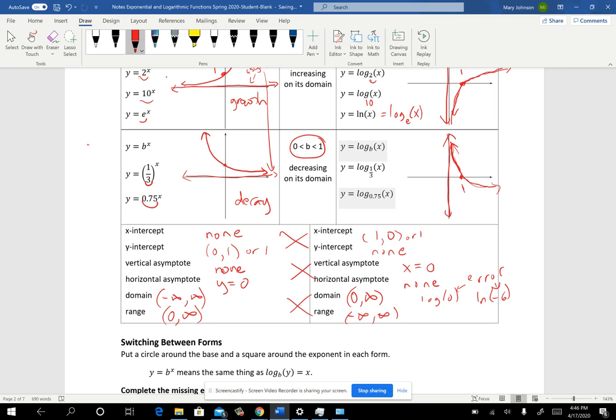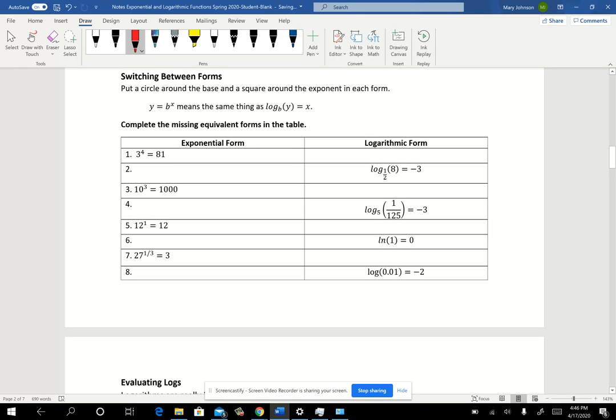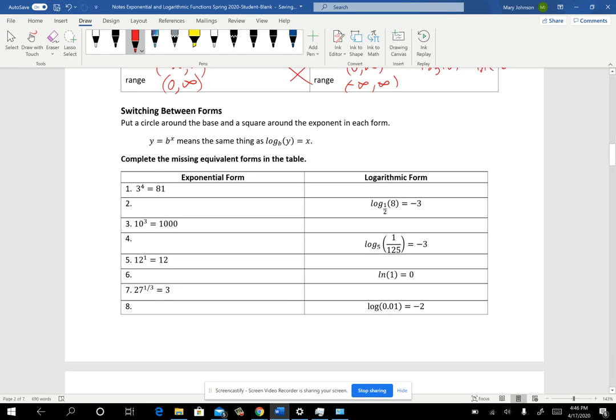Okay. All right, so the next piece on page 2 that I wanted to look at, the intent of this is really trying to get you to get a sense of what a logarithm is, okay? And so I kind of want you to remember, this is not what a logarithm is. This is just kind of related to what we're going to do.